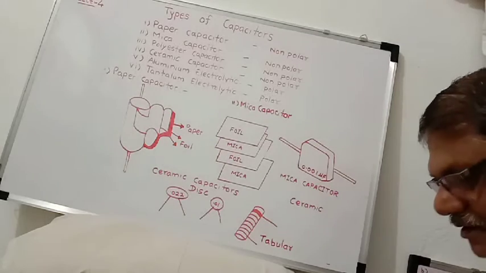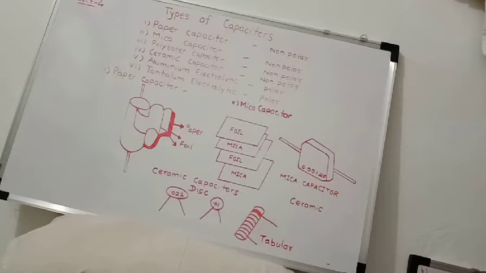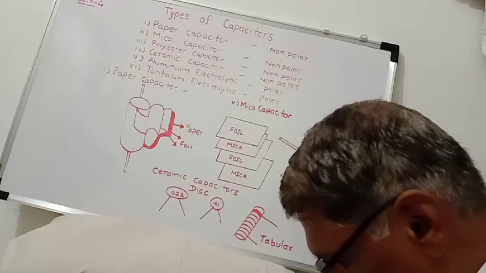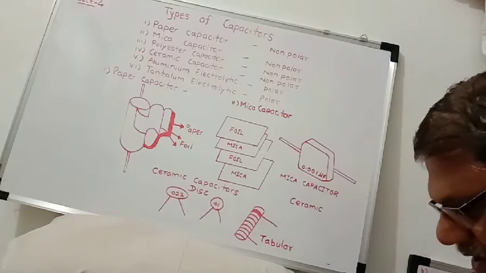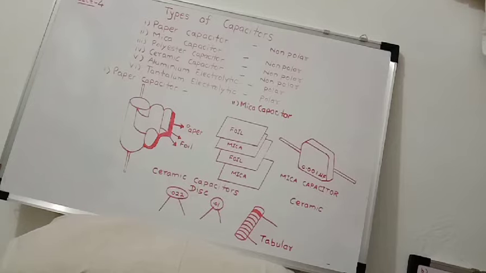The construction of all fixed non-polar capacitors is the same. Two conducting surfaces are separated by some insulating material. So here paper is an insulating material used in paper capacitor.